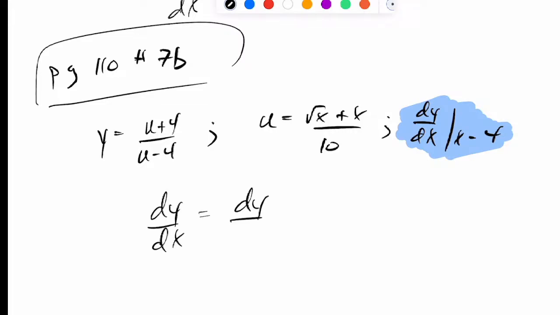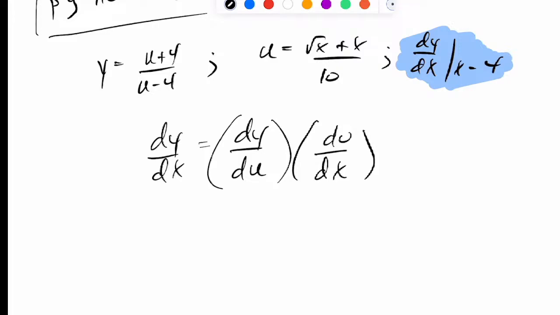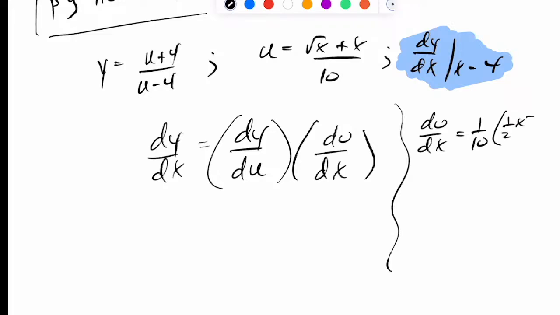For 7b, I'm going to have to take the derivative of y with respect to u and multiply that by the derivative of u with respect to x to get there. So you kind of have to do this step first. So off to the side of your page, you can calculate du dx, which is going to be 110. I can pop the coefficient out and then take the derivative of the inside, which is just this. So du dx is going to be equal to, I guess we could write that as 1 over 20 x to the minus 1/2 plus 1 over 10. That's your du dx.